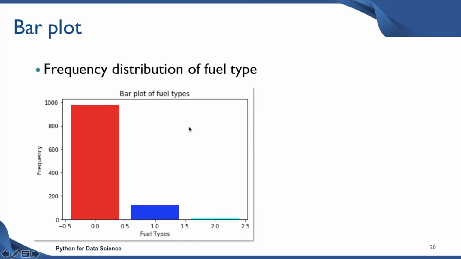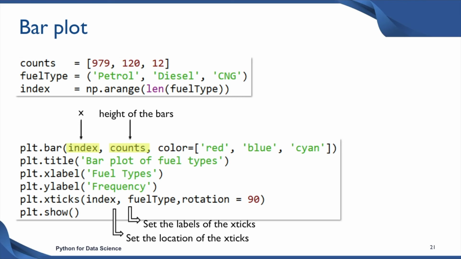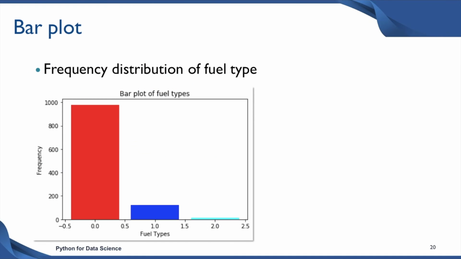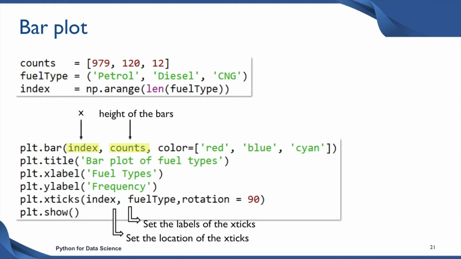It gives you the frequency distribution of your fuel type. You can see that petrol has the largest frequency, diesel is lower, and CNG is the lowest, very small. So this is how our bar plot works.